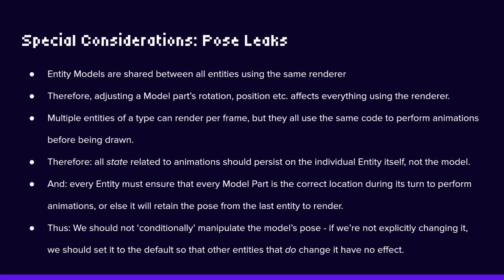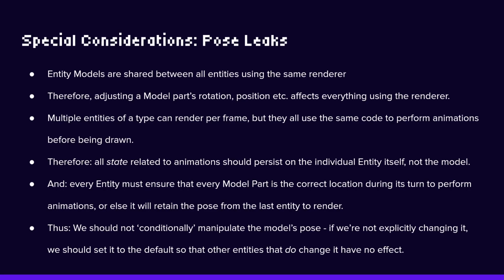And if you were to, say, move the leg to a certain distance and then leave it like that, and then the next entity that used it decided, oh, I'm not going to touch the leg, it's not important to me, then the leg would still be in the same position as the last thing that used it. It doesn't reset itself.